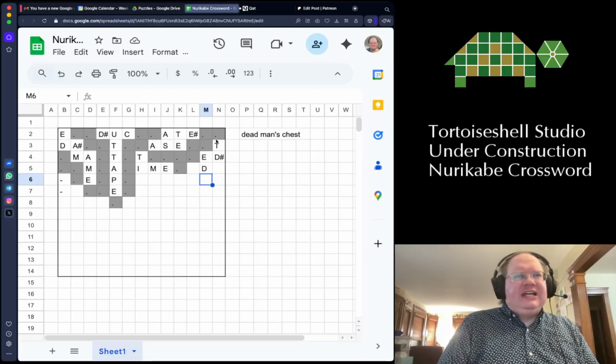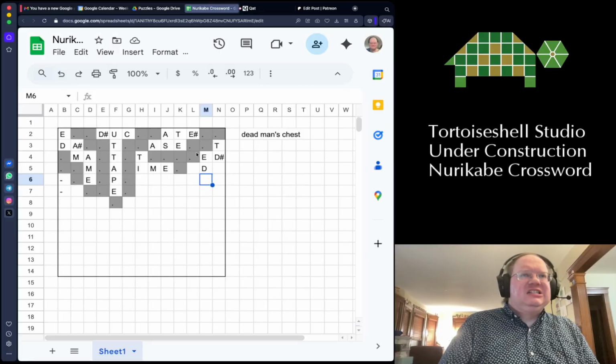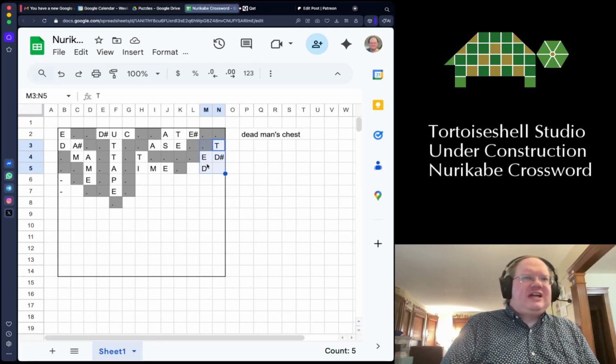Is there a way to rearrange these? Yeah, I can't see sliding Ted or Teddy or whatever over.